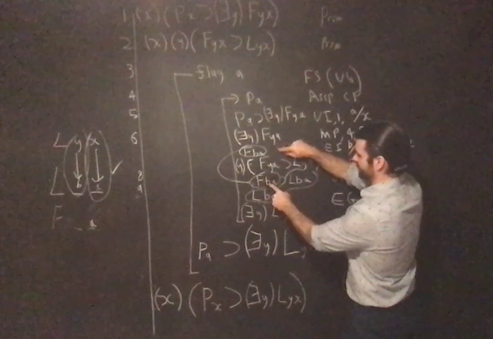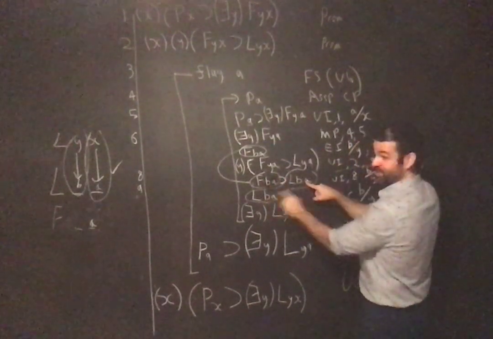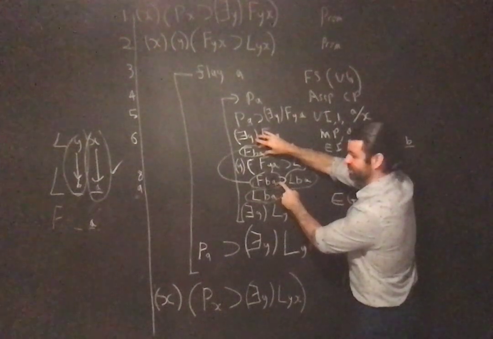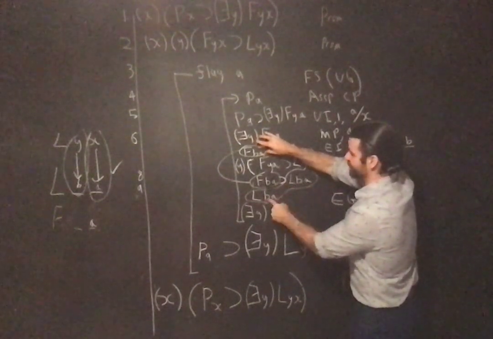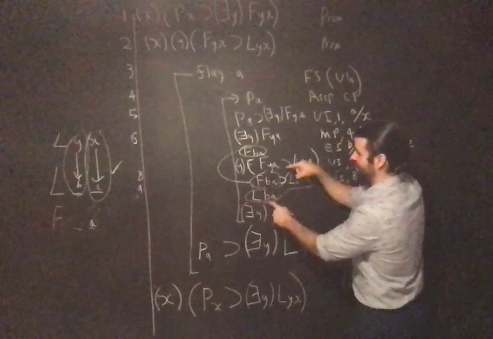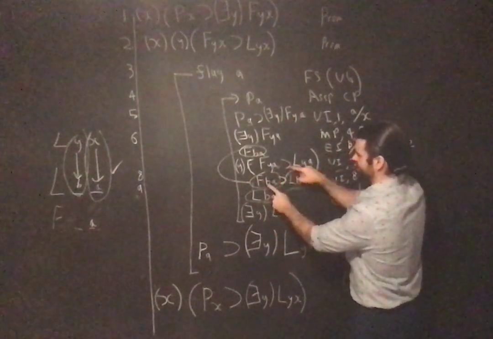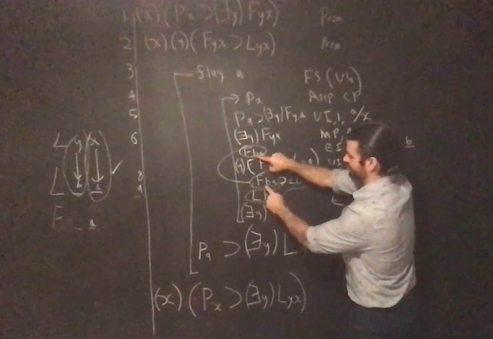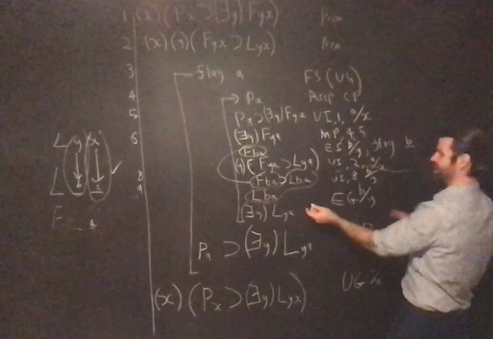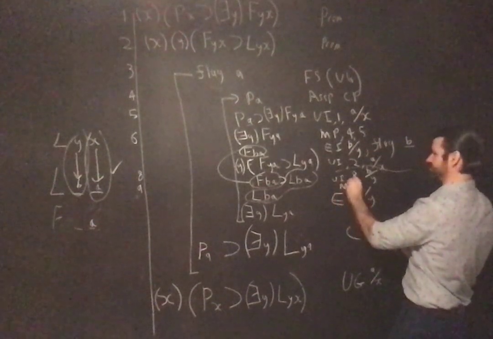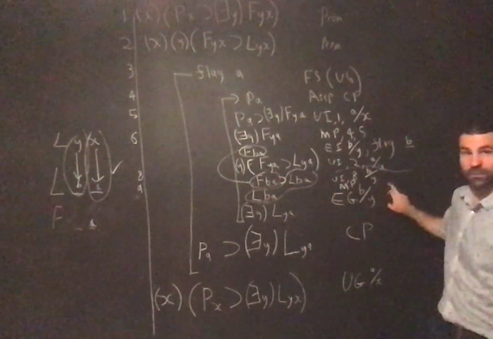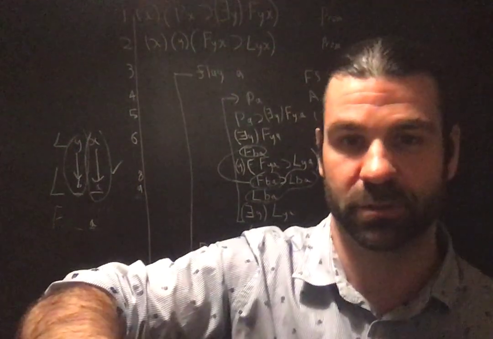I want this to be the antecedent of the conditional that results, and this to be the consequent of the conditional, and I make both of those things happen by replacing the Y with B. This becomes that formula, that becomes that formula, thus modus ponens, these two get me to there, EG, and you're home.